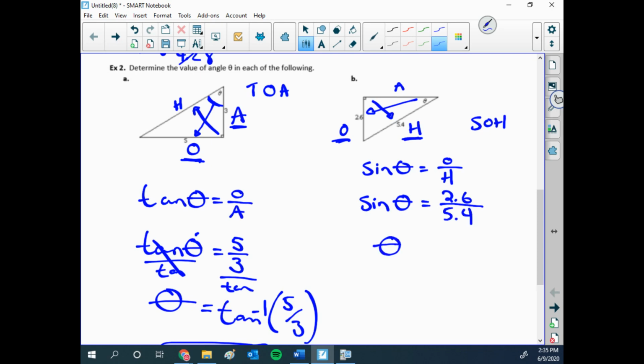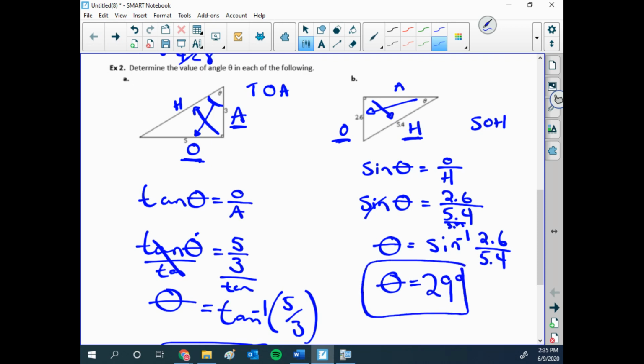So theta, when I'm solving for that, is sine^-1, because I'm essentially dividing by it, which then I have to take the reciprocal. So sine^-1 of 2.6 divided by 5.4, theta is equal to 29 degrees. Okay, so you use your reciprocal trig functions when you are trying to solve for an angle.